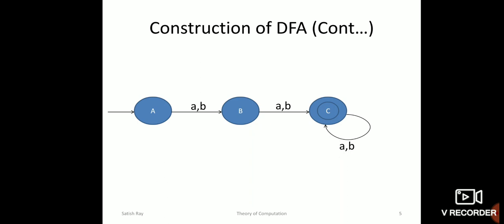Now we will check for the fifth input string of length 3, that is AAA. So from initial state A, on input small a, the next state will be B. From state B, on input small a, the next state will be C. From state C, on input small a, the next state will be C, and C is a final state.